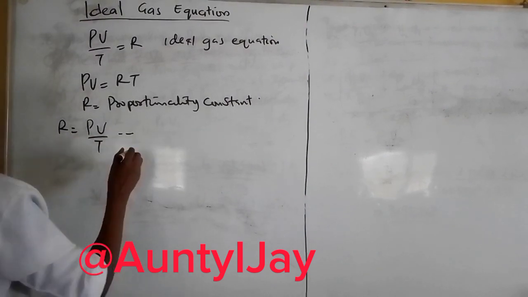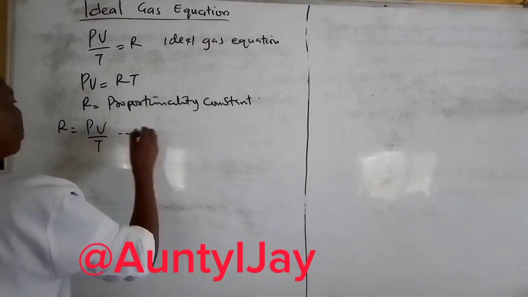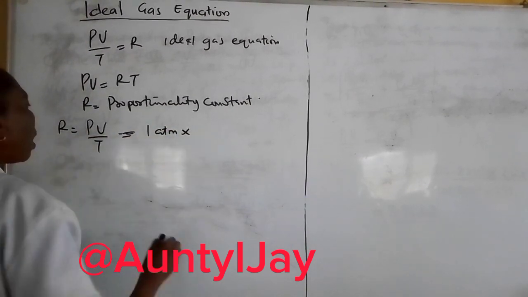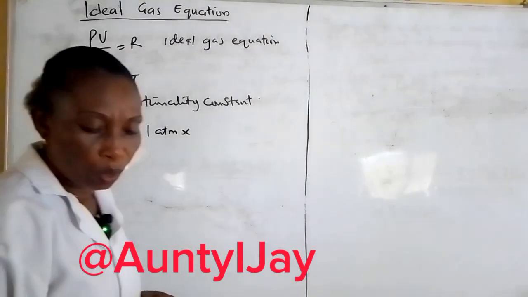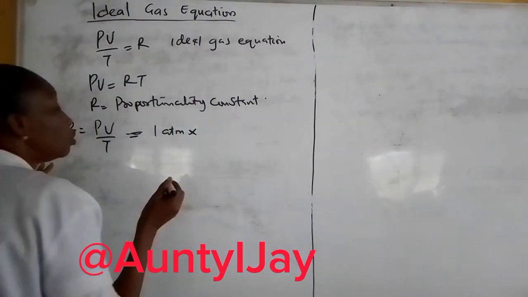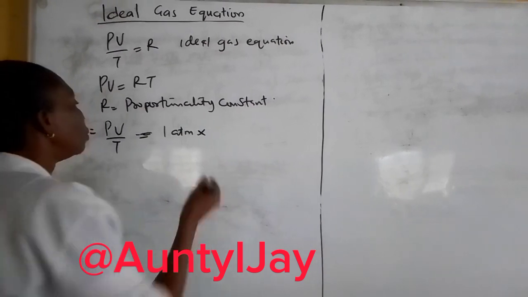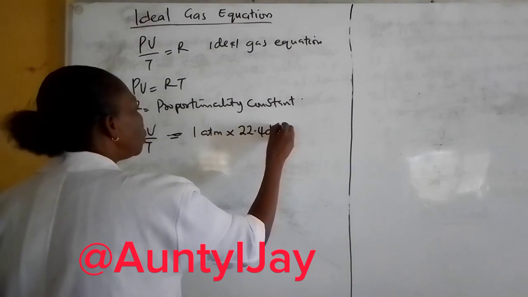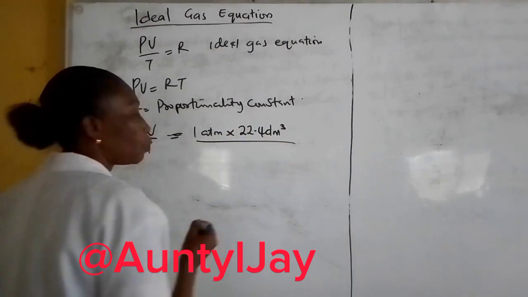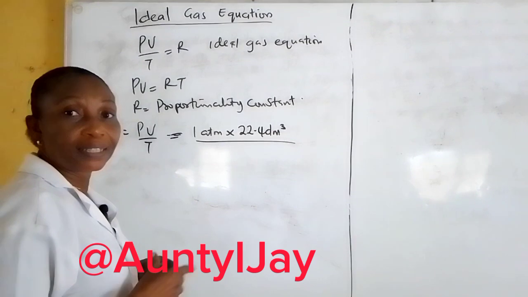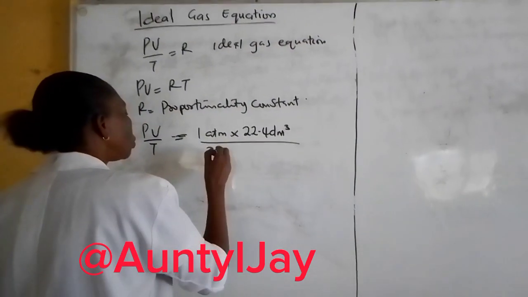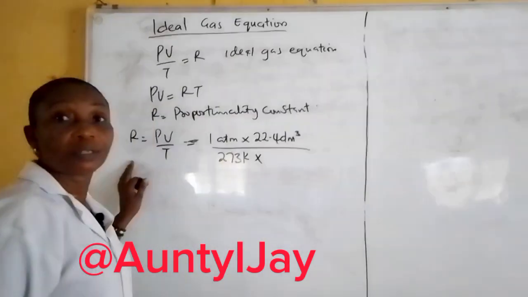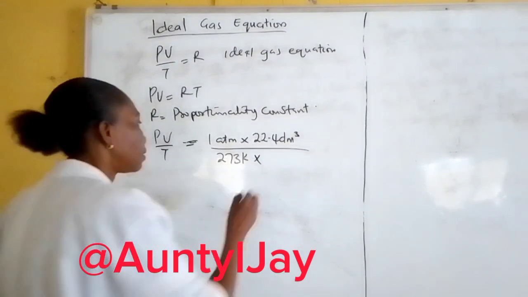Now, where we have P to be 1 atmosphere and the volume, we use the molar gas volume, which is 22.4 dm³, all divided by the standard temperature, which is 273 Kelvin. We are looking at 1 mole of a gas.